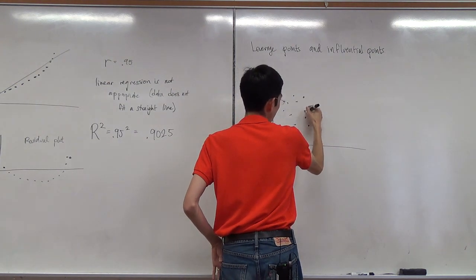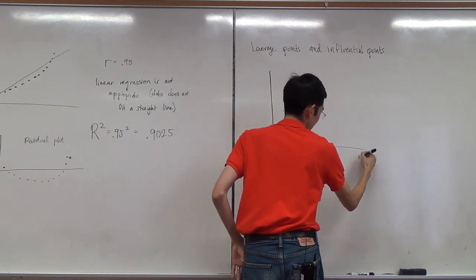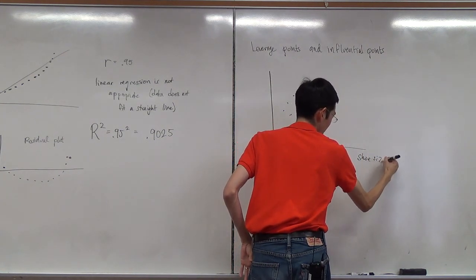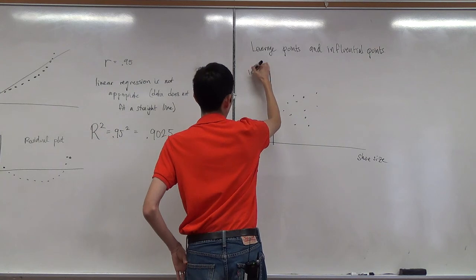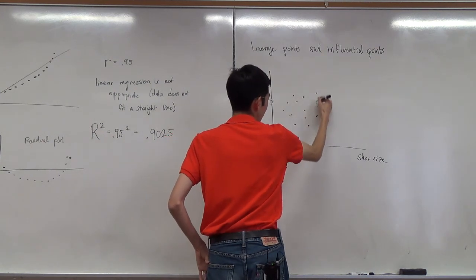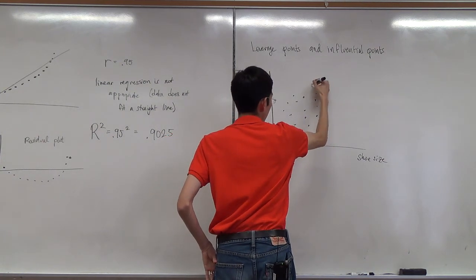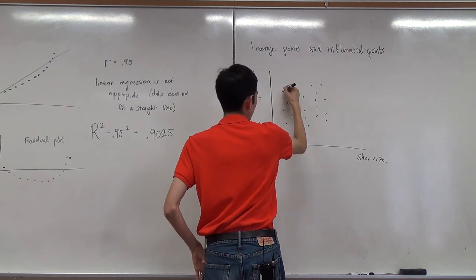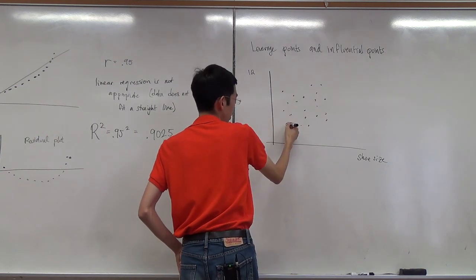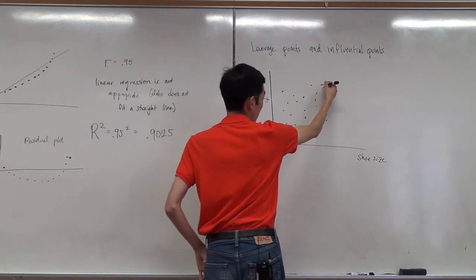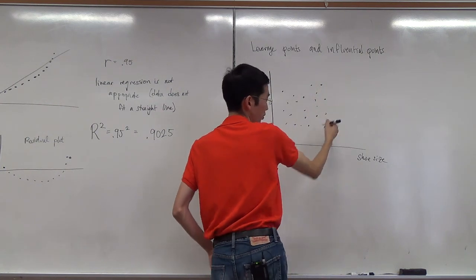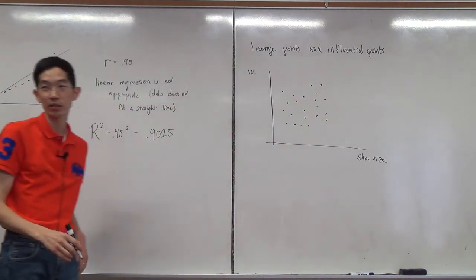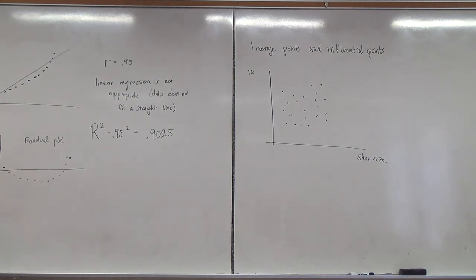Okay? So if I create my scatter plot, I would probably just see a whole bunch of points. I would have people with big feet, so this would be shoe size. And this would be IQ or intelligence, however we might want to measure that. So we would have people with little feet with high intelligence, people with little feet with low intelligence, people with big feet with high intelligence, people with big feet with low intelligence. Okay?